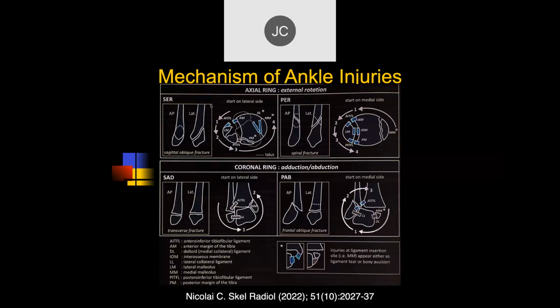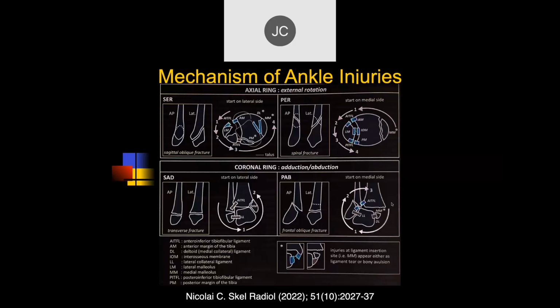I usually don't state the mechanism of injuries. I try to describe the areas of injuries, tears and fractures, and the obliquity of the fracture to help the surgeon then decide which of these four it is, and that then helps them determine what kind of surgery they're going to have to fix it.